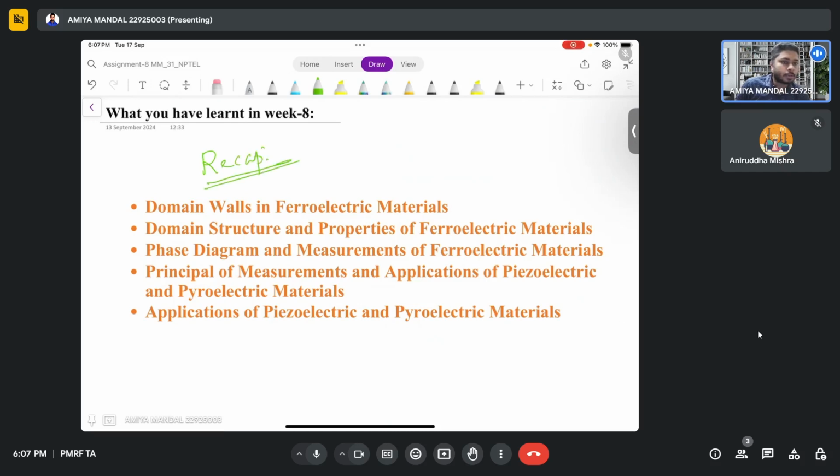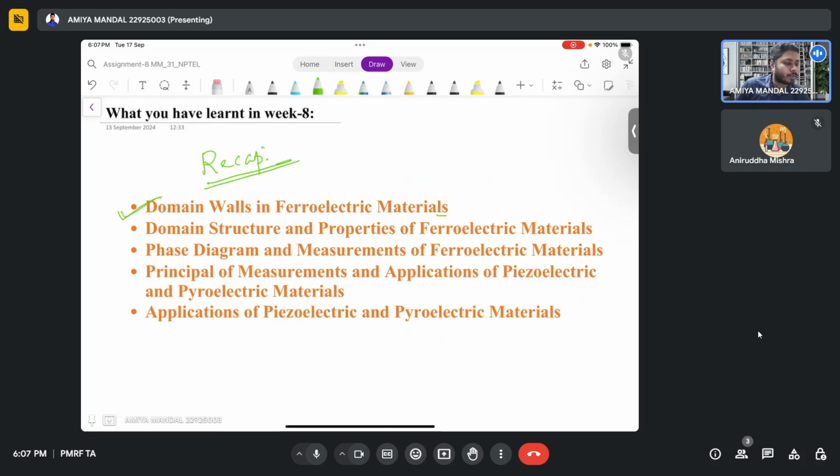You have learned the domain walls in ferroelectric materials: their formation, when and how they form, how many types of domain wall there are, and the difference between domain wall, grain boundary and grains. In the previous lectures you learned about ferroelectric, pyroelectric and piezoelectric materials, and this is the extension of that discussion.